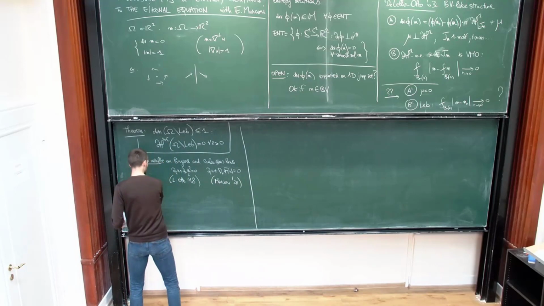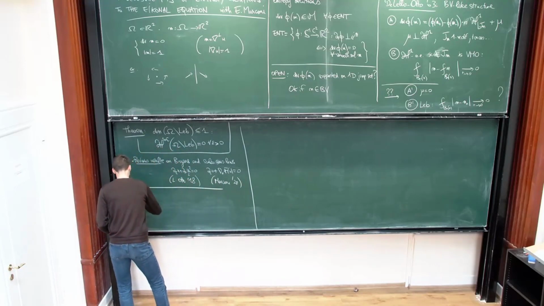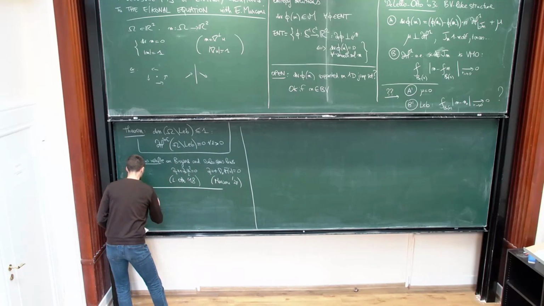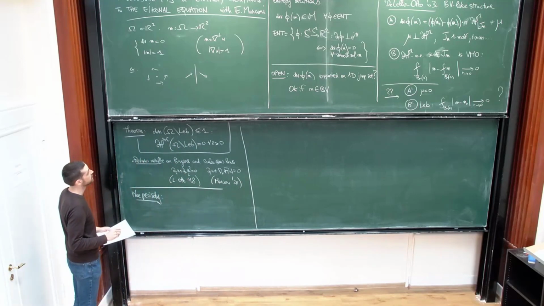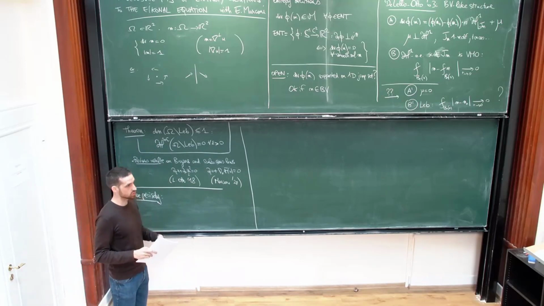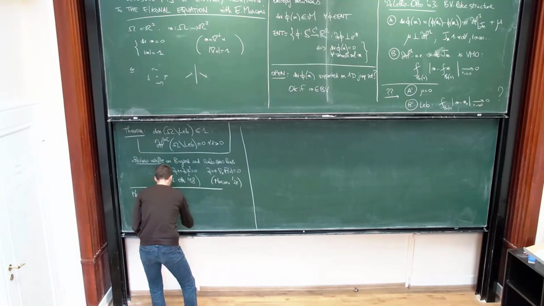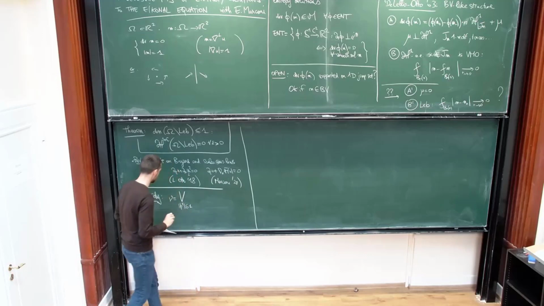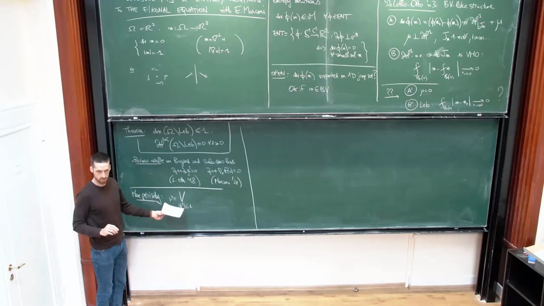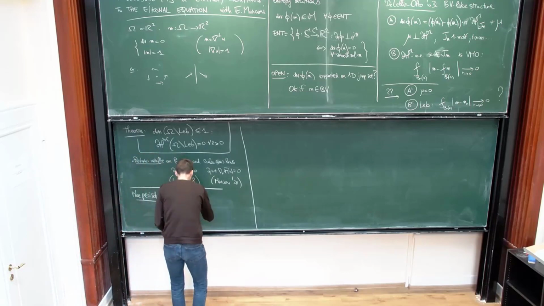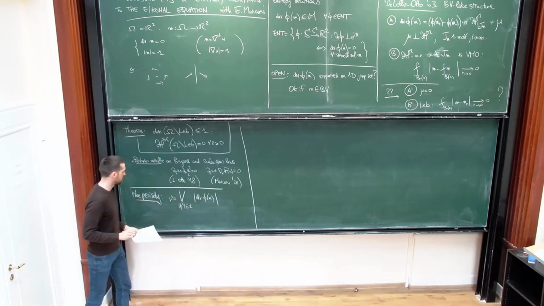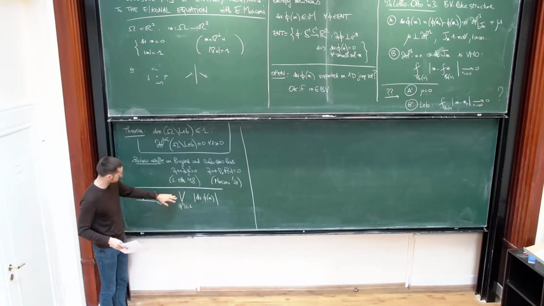And to do that, I need to define some objects. The first object is a measure that encodes all my entropy productions. This is just going to be the supremum measure over all possible entropies that have a bound on their second derivative. What is that object?